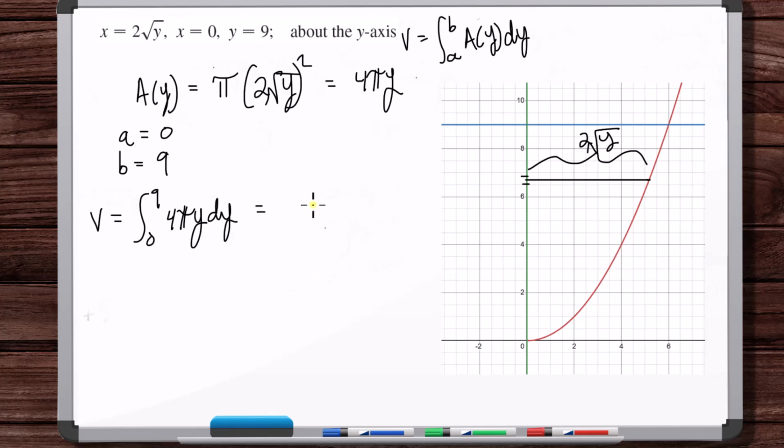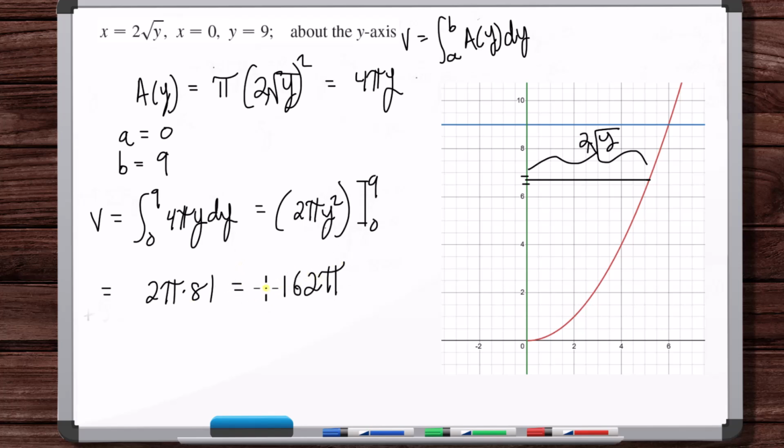So this is 2 pi y squared, evaluated from 0 to 9. Right, this derivative gives 4 pi y. So we've got 2 pi times 81, and that's it. 162 pi.